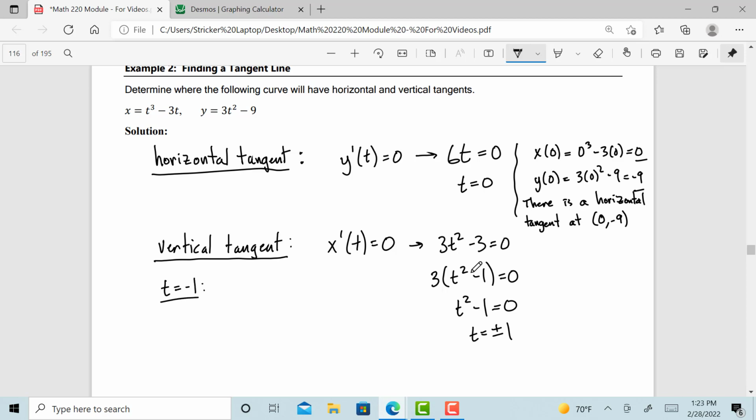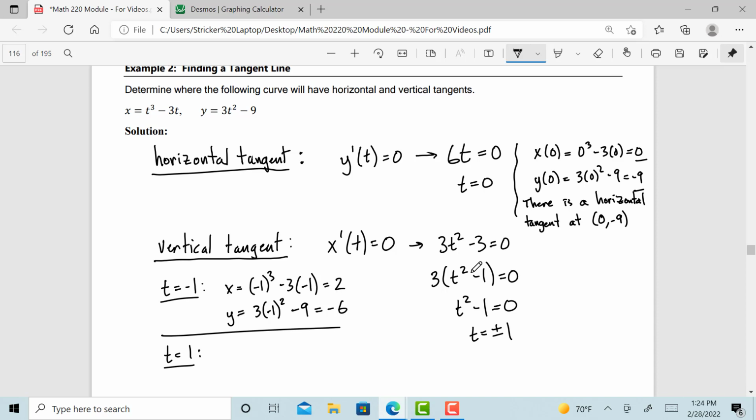When we have negative 1, we get x equals negative 1 cubed minus 3 times negative 1. That's going to be negative 1 plus 3, which is 2. And then y is going to be 3 times negative 1 squared minus 9. That's negative 6. So 1 point is (2, negative 6). We could also look at t equals positive 1.